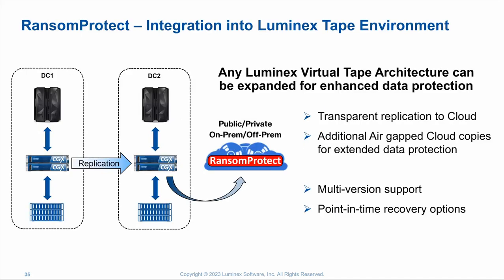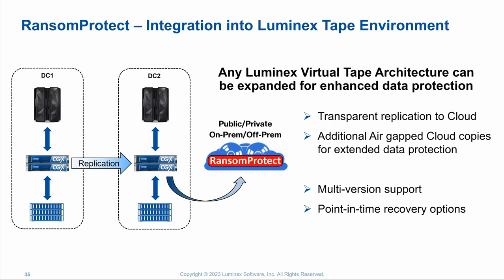So as I said, Ransom Protect, we can integrate it into any Luminex virtual tape architecture, and we can actually add it to any point of that architecture. So you can have it across a system with the capability for any or all of the virtual tape components in that system to replicate out to your Ransom Protect data repository.